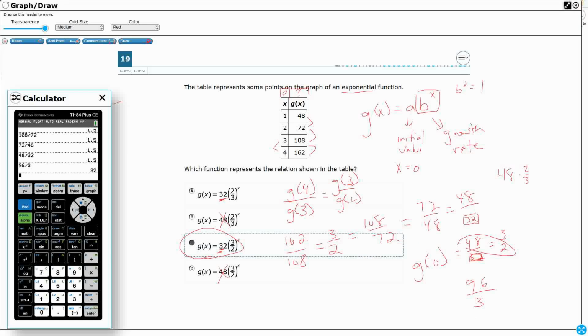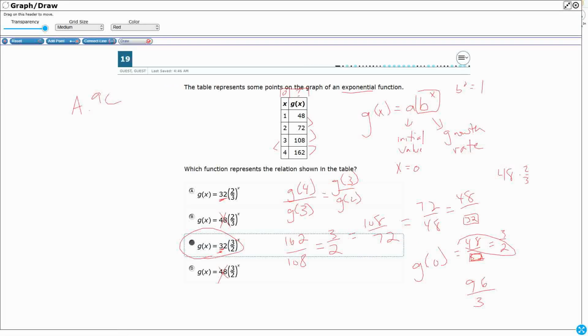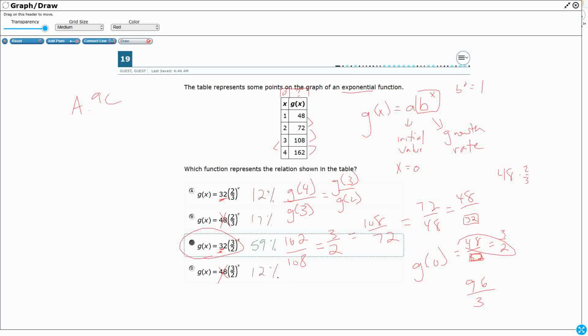We did pretty well on that across the state of Texas. 59% of our students got that correct, just a hair short of the 60% threshold we are looking for. The rest of the answers were pretty evenly distributed, 17%, 12%, 12%, which means there's not really a distractor that was setting our students down the wrong path.